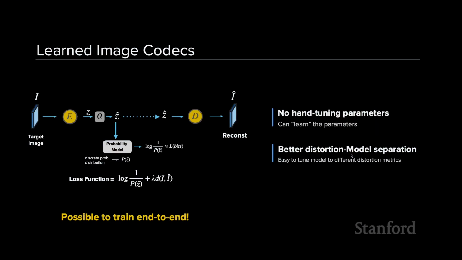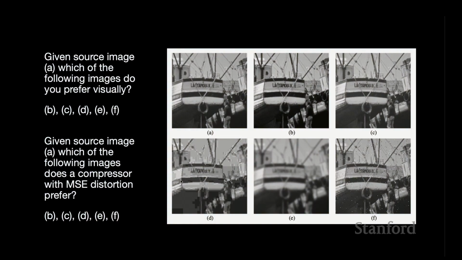The second idea is you get a better distortion model separation, which basically says that my distortion could have been anything, as long as it's differentiable. If you recall, a long time back we talked about human vision and we said MSE is not the right thing. Guess what?